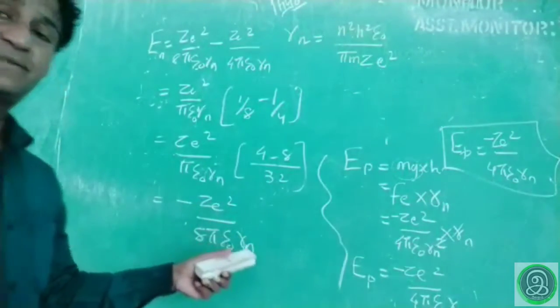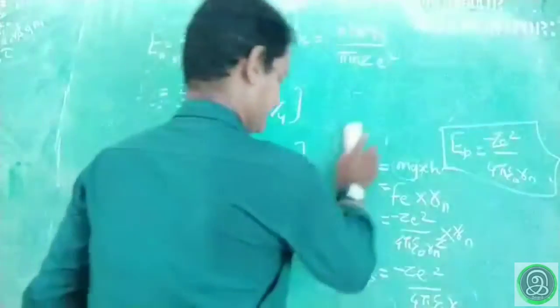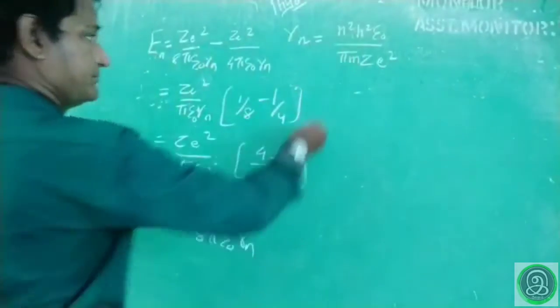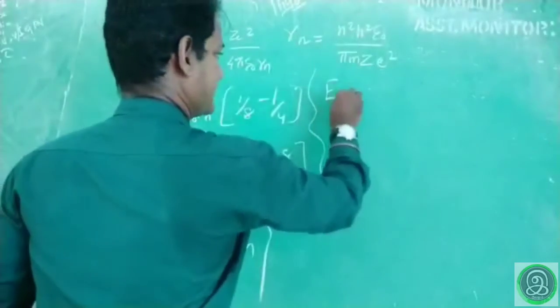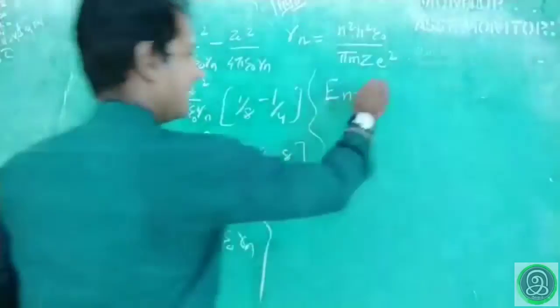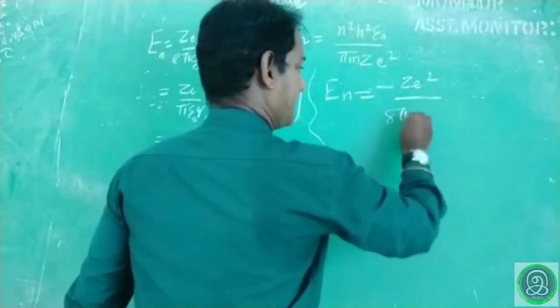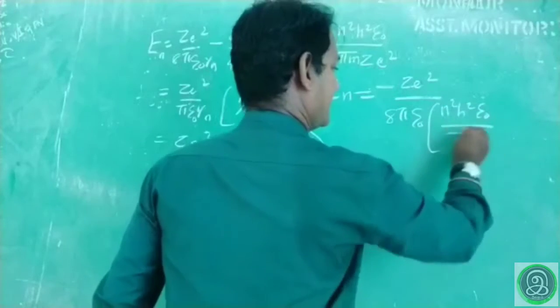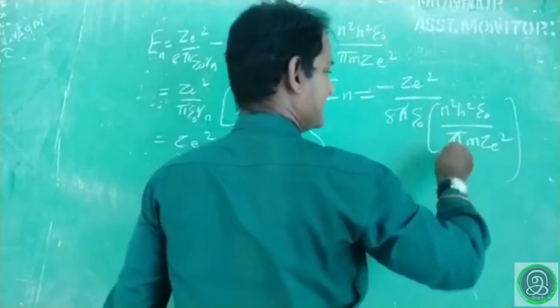Now let us substitute the value of R suffix n in this equation. So E suffix n is equal to minus Ze squared by 8 pi epsilon naught into n squared h squared epsilon naught by pi m Z e squared. The pi will be cancelled.